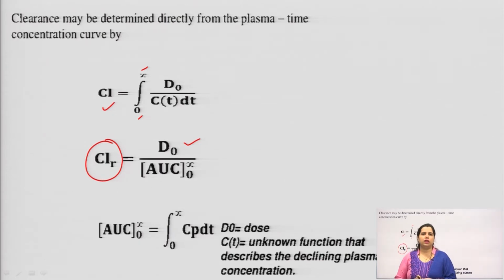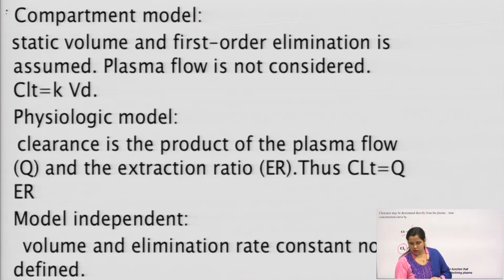D0 is the dose, and C(t) is the unknown function that describes the declining plasma concentration, the function which represents the change in drug concentration in the blood plasma. Here we can calculate the clearance using these parameters, because this concentration can be analyzed using different samples and different time intervals.